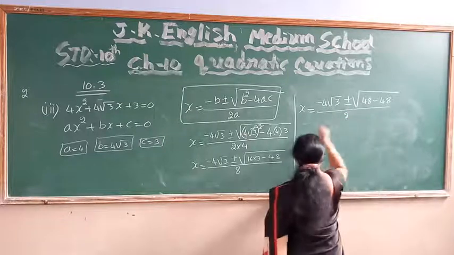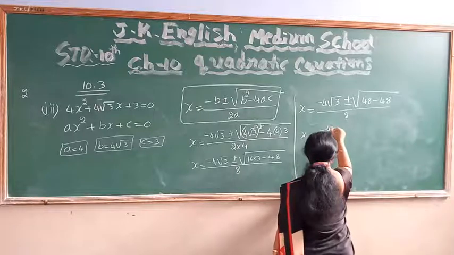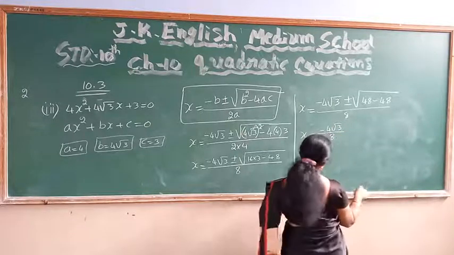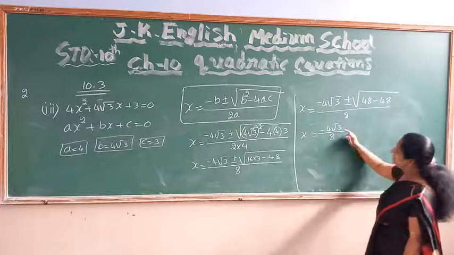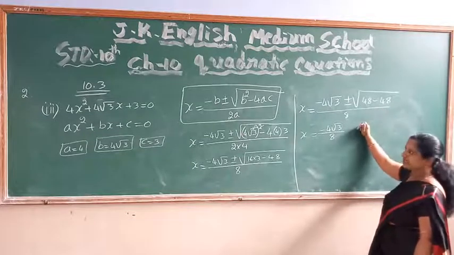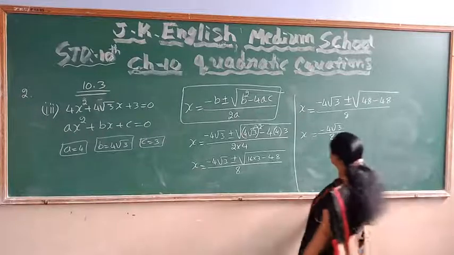So now we know that it becomes 0. x is equal to minus 4 root 3 divided by 8. Once you use the plus sign, once you use the minus sign, but here the same value, 48 minus 48, will be the same value. Here it becomes 0.